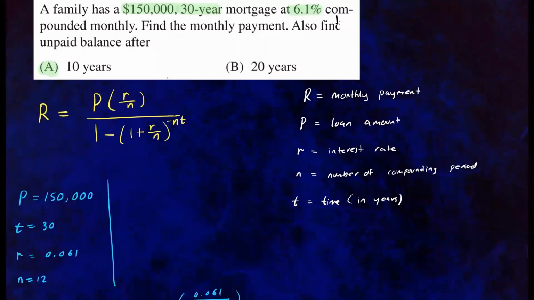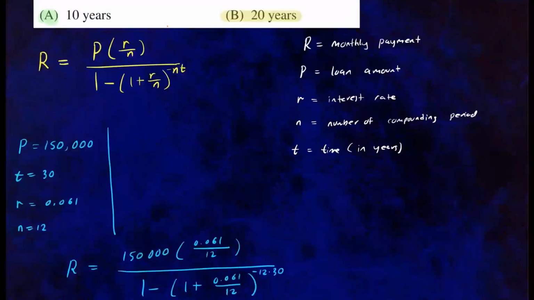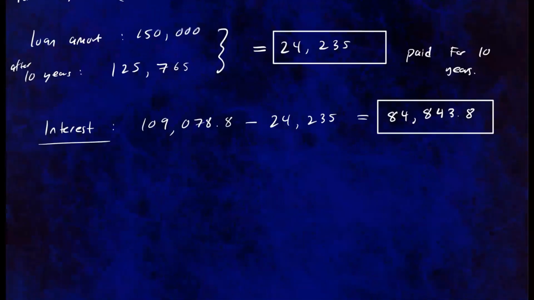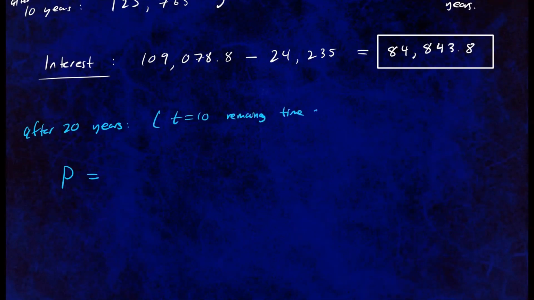For the next part, we want to know the unpaid balance after 20 years. That means you still have 10 years more to pay. So we want to know the balance for the remaining 10 years. We're looking for the principal amount when t is equal to 10, the remaining time on the loan.